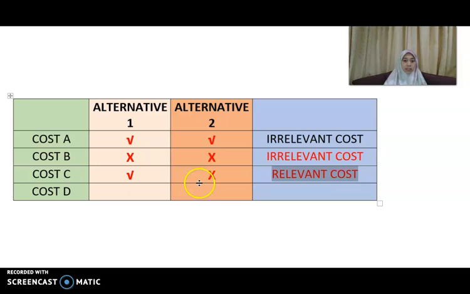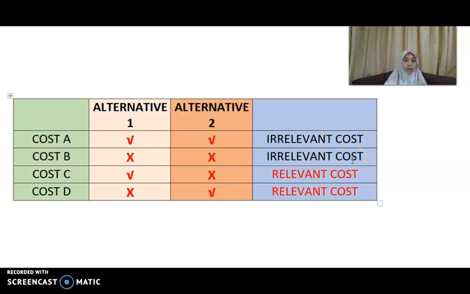It differs across your alternatives. The same goes if you do not have to incur that cost with alternative 1, and you have to incur it with alternative 2. Then that particular cost is a relevant cost. So remember, if a certain cost is incurred, or not incurred, for both alternatives, then it becomes your irrelevant cost.